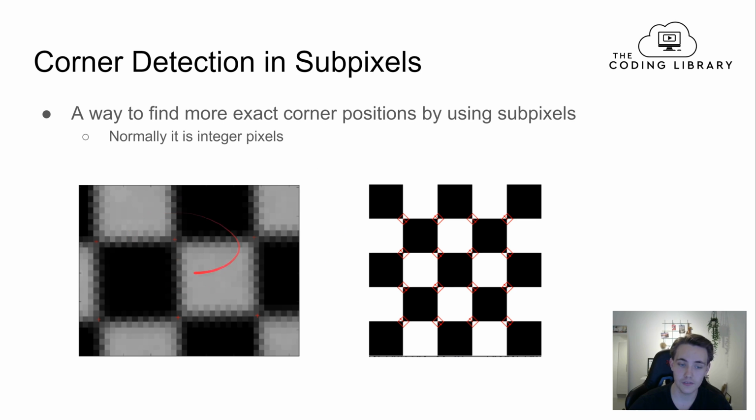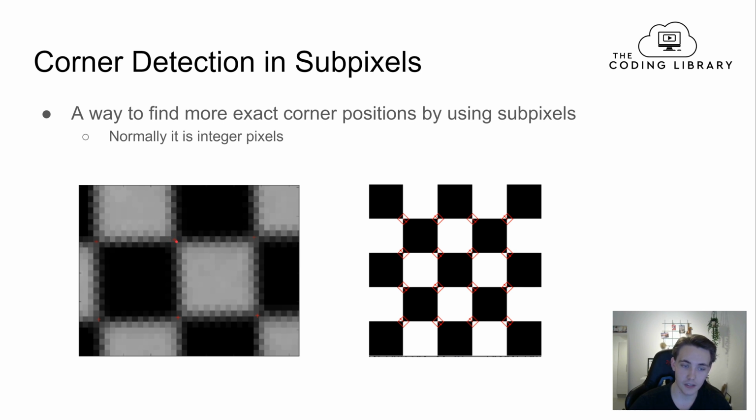The image here to the left is the subpixels of an image, and then we can see down here that we get a really exact position of the actual corner that we're detecting in this image, compared to the right, where we just say, okay, here is a corner, so we detect something here and just put a circle around it, but this is not really exact, because over here we're using pixel integers, while over here we use these subpixels, so we get a more exact position of where the corner actually is.